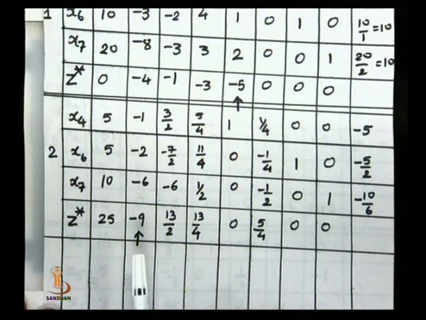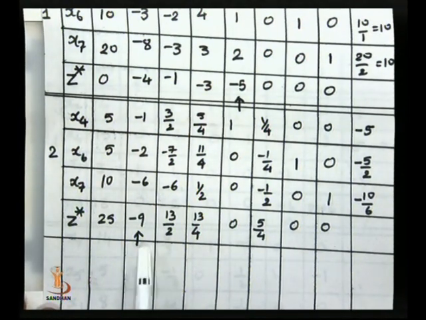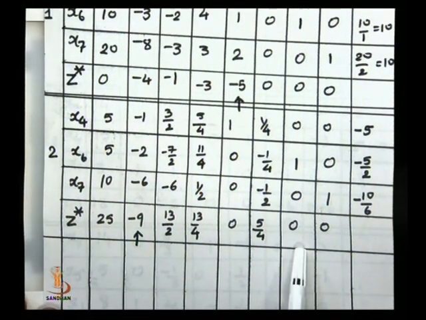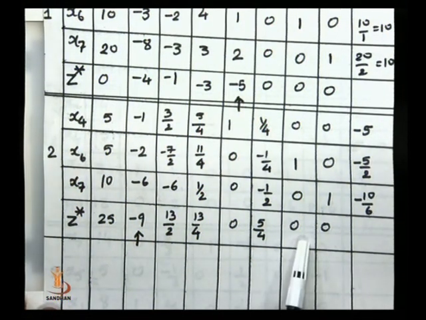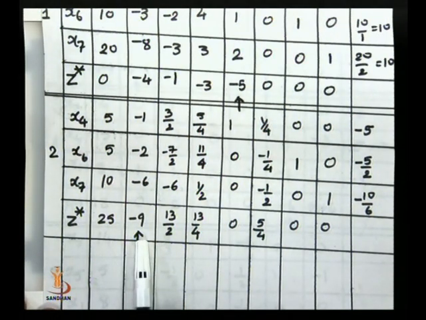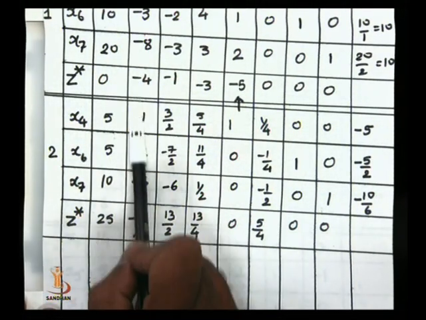Now in this you can see that the values of the objective function row are not all non-negative, but minus 9 is the only negative value. So this will be considered the most negative value, occurring in the x1 column. This is the x1 column.